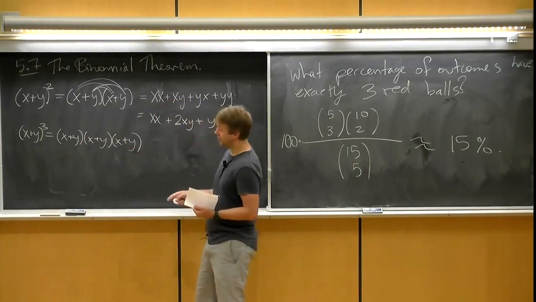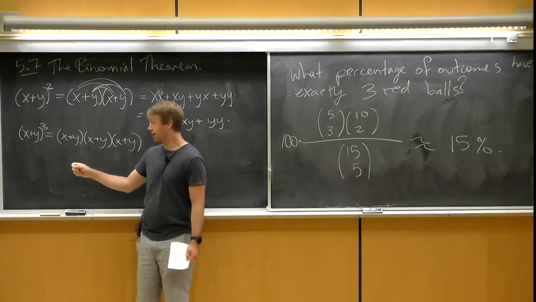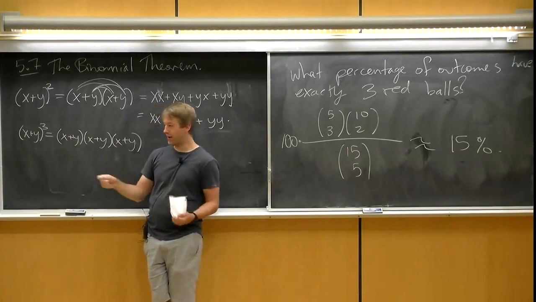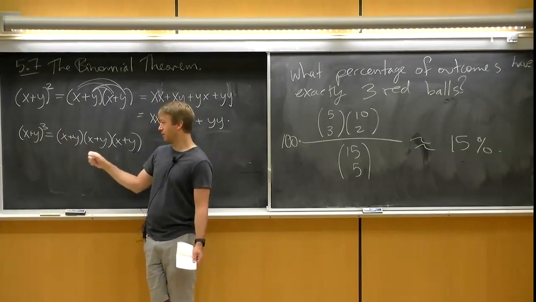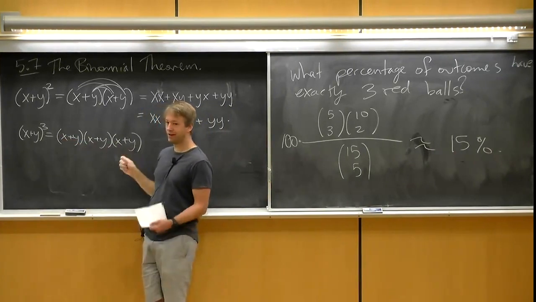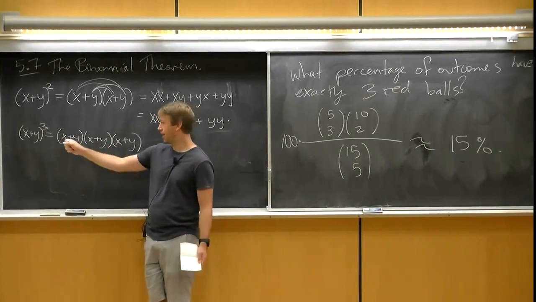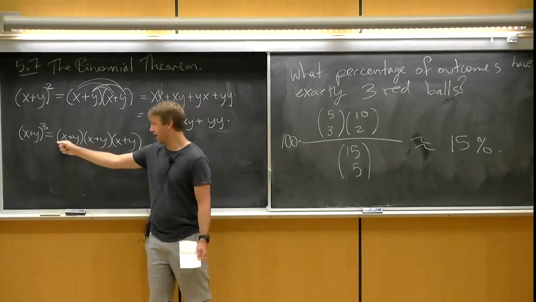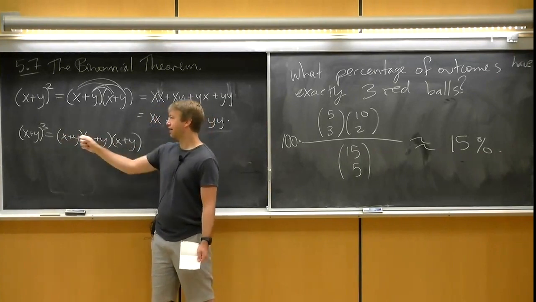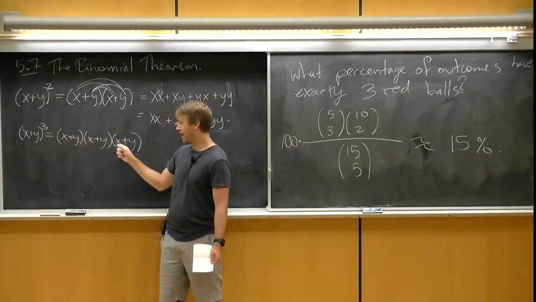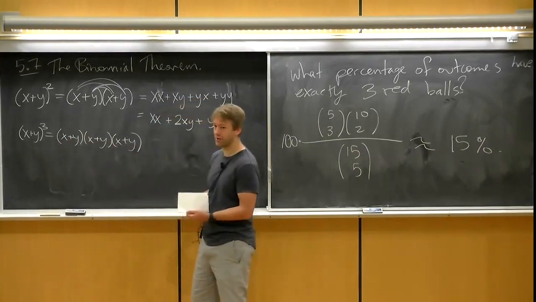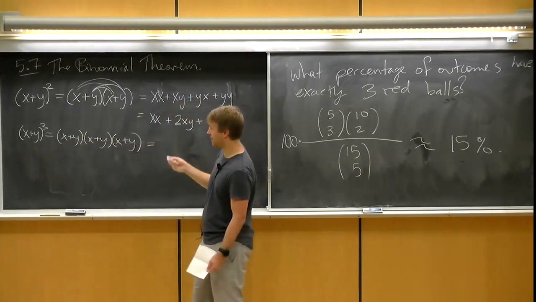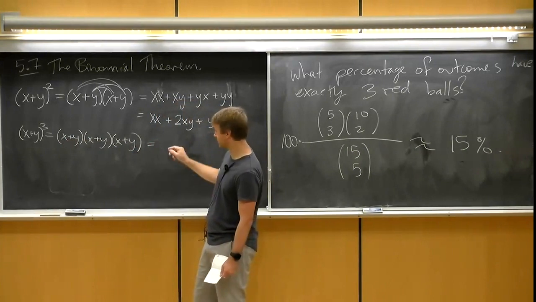To expand this, you go through all the different ways to pick one thing from the first parentheses, one thing from the second, and one from the third, going through all the possibilities: x, x, x; x, x, y; x, y, x; and so on. That's a faster way of expanding these kinds of things.